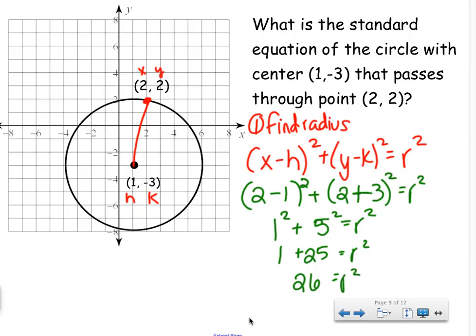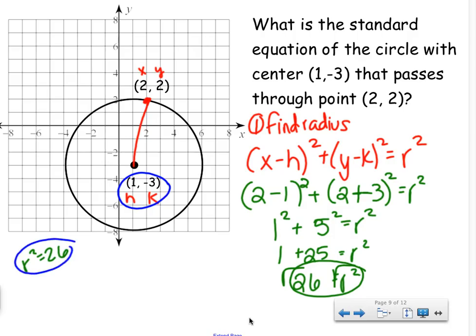So now to solve for my radius, I would technically square root it. But in our equation, it wants r squared. So I can actually leave it as r squared equals 26, because that's going to help me out when I write my equation. So when I write the equation, I'm going to use my center, and then I'm going to use my r squared.